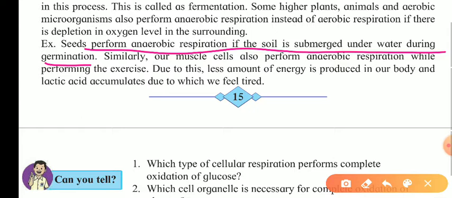In that process, lactic acid accumulates, due to which we feel tired, because the lactic acid produced by the cells gets collected into the blood and mixes in our blood, and due to that we start feeling tiredness.